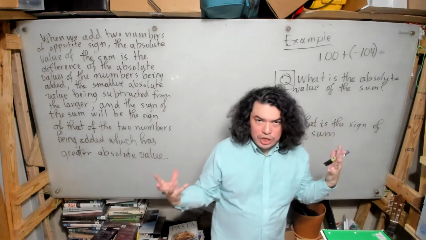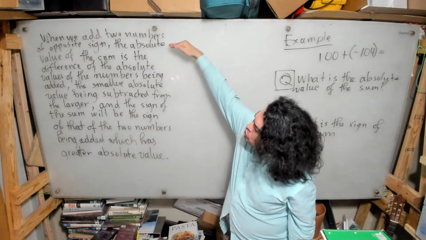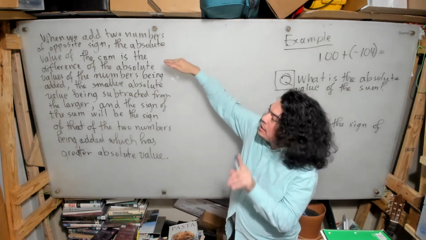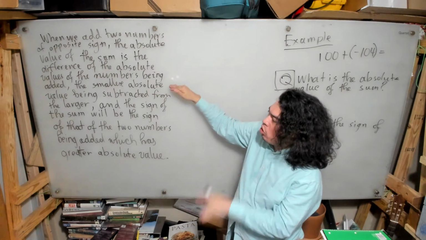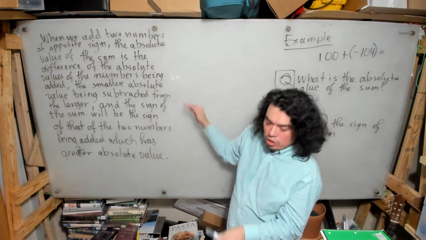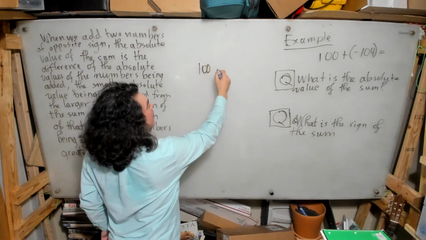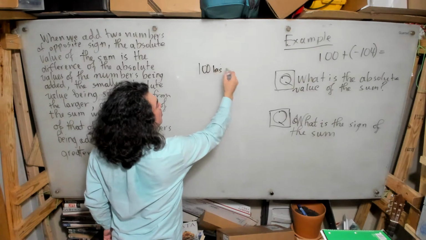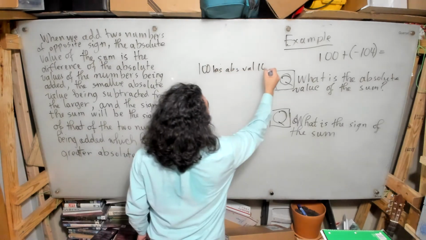So let's look at this rule one more time. The absolute value of the sum is the difference of the absolute values of the numbers being added, the smaller absolute value being subtracted from the larger. So we know that 100 has absolute value 100, right?